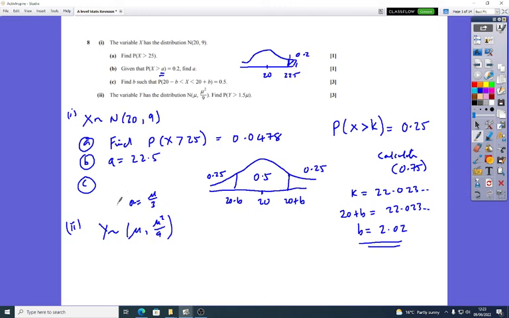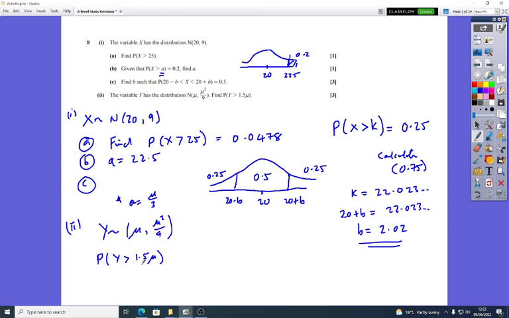Remember that bit. Now, we know that we need to find the probability that y is greater than 1.5 mu.